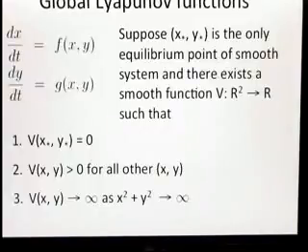So you have an equilibrium point, and suppose you have just a single equilibrium point. We don't even need to know that it's locally attracting. You have a unique equilibrium point, and suppose there exists a smooth function V defined on the plane such that it's 0 at your equilibrium point, it's positive everywhere else, and it goes to infinity as x and y go to infinity.